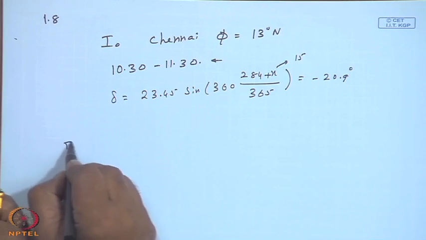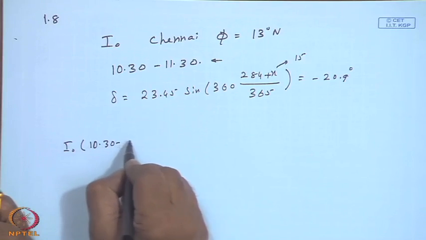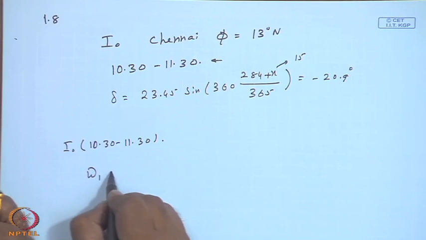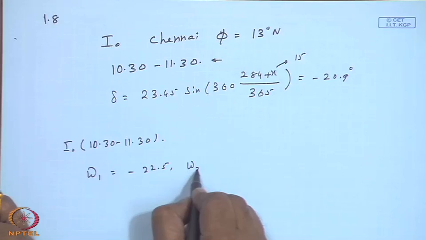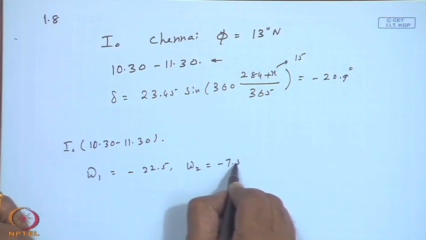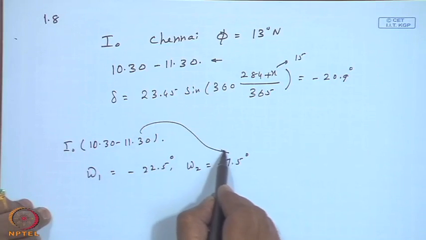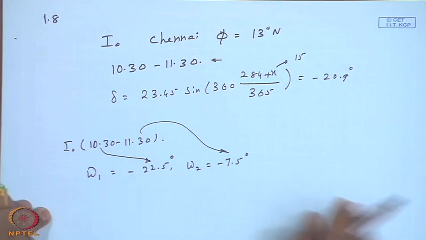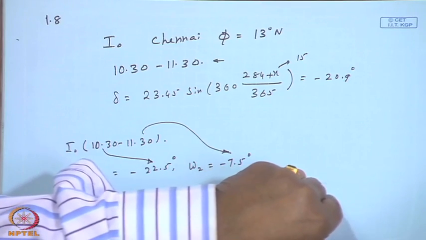So, I 0 for 10:30 to 11:30, my omega 1 will be minus 22.5 and omega 2 will be minus 7.5 degrees, right. 11:30 corresponds to minus 7.5, half an hour before the solar noon. This is 1.5 hours before the solar noon. So, it will be minus 22.5 and minus 7.5 as per our convention.